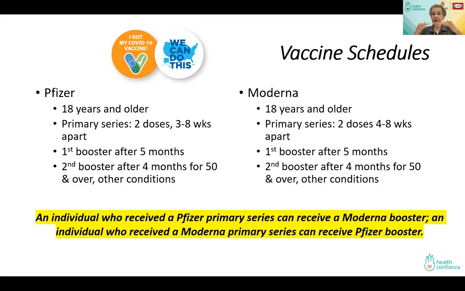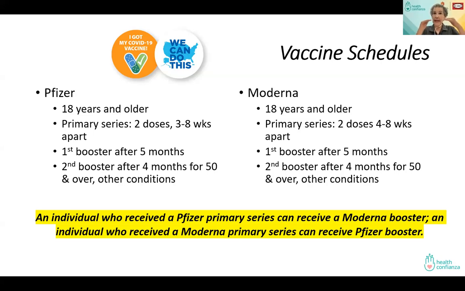So if it's Pfizer or Moderna, that first booster can be given 5 months after the primary series is completed. And the second booster, 4 months for right now, 50 and over and other chronic conditions or immunosuppressed conditions. Same thing about Moderna.